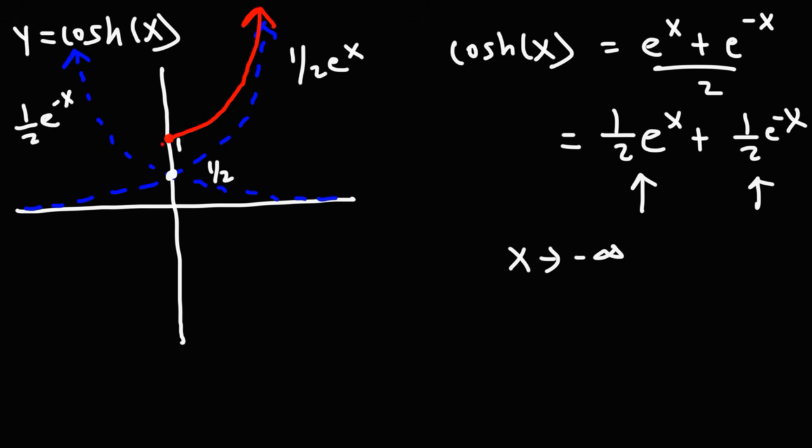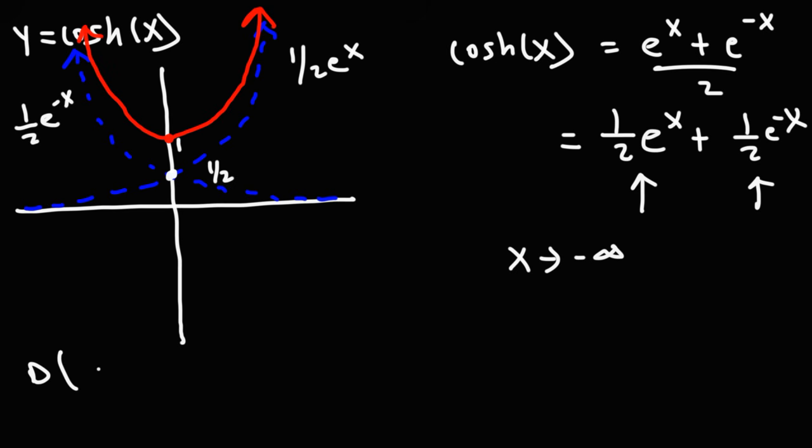Therefore, hyperbolic cosine is going to mirror 1/2 e to negative x as you move to the left. Because this goes to 0, that goes to positive infinity. 0 plus positive infinity is just positive infinity. So that's the graph of hyperbolic cosine.